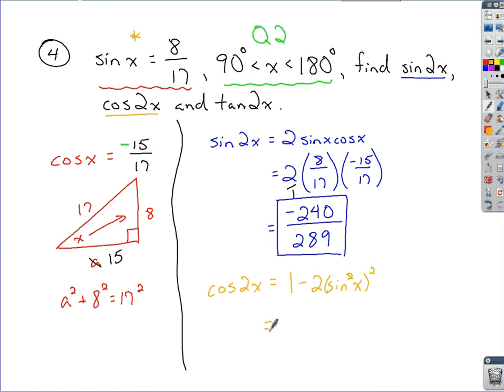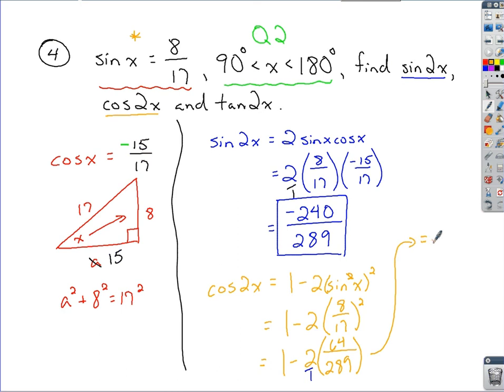So if I plug in, it's 1 minus 2 sine of x was 8/17. We're squaring that guy. As we square all this out, you've got 1 minus 2 times 8 squared, 64, 17 squared, 289. Got to follow your order of operations. This 2 is over 1, so we got to multiply that to the 64 over 289.